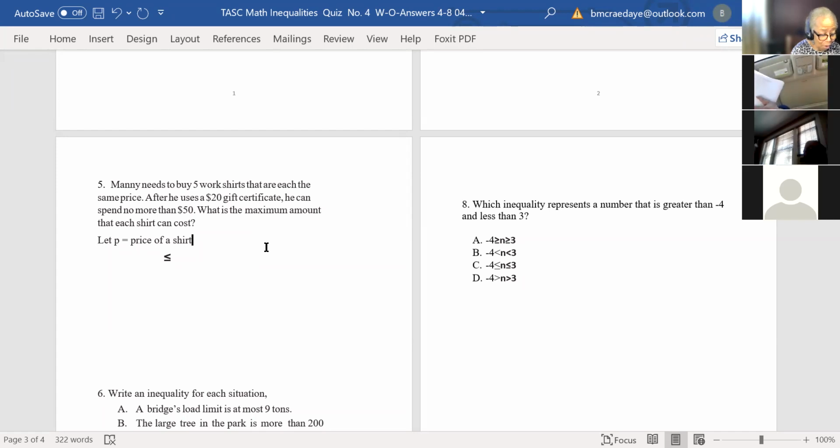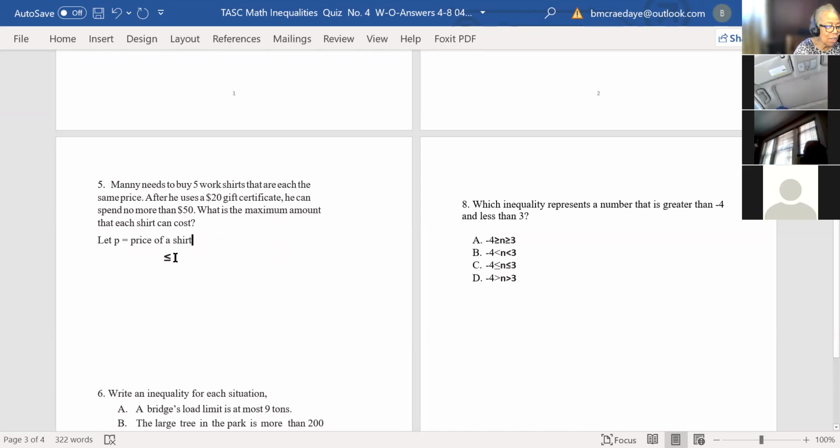If you have $50 cash and you have a gift certificate for $20, what's the total you can spend? $70. That's right, Vanessa.